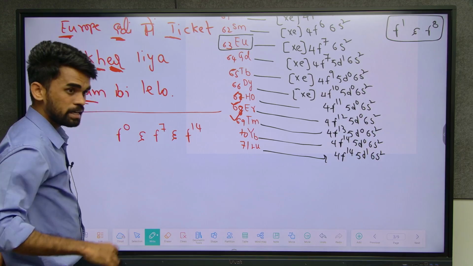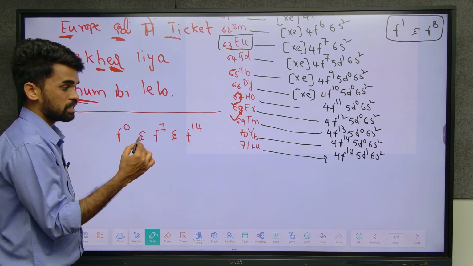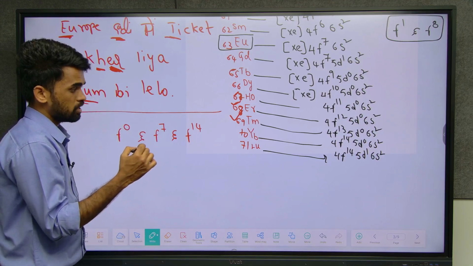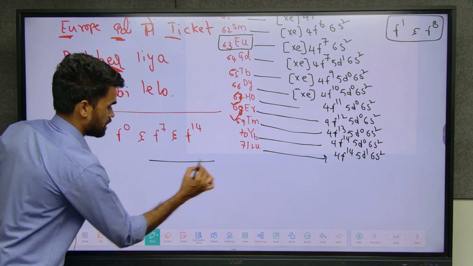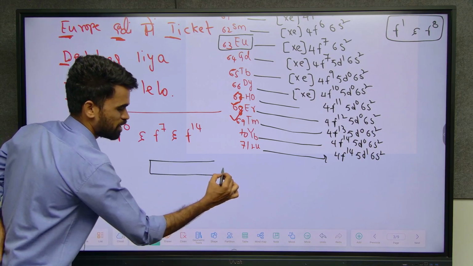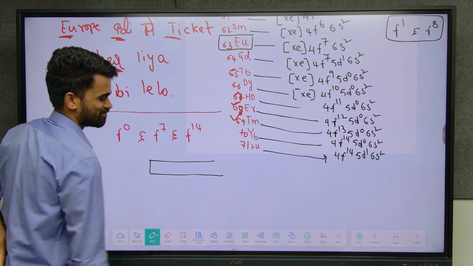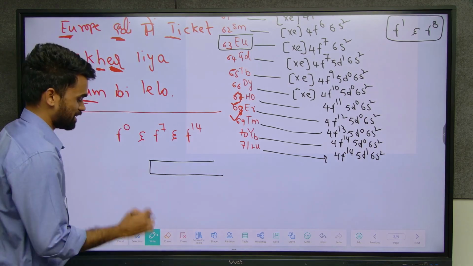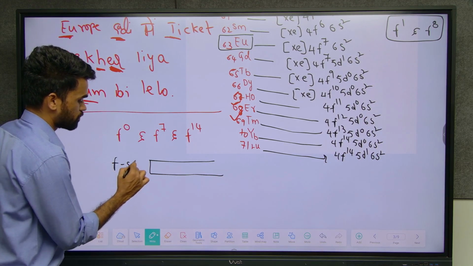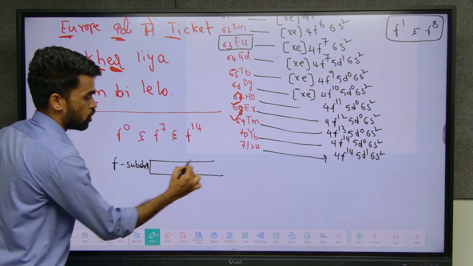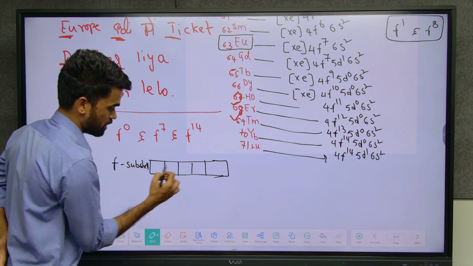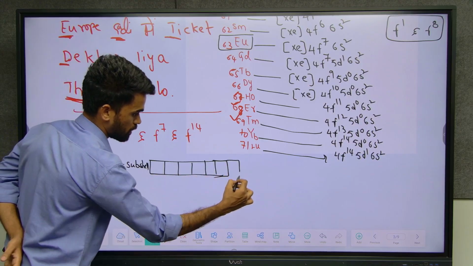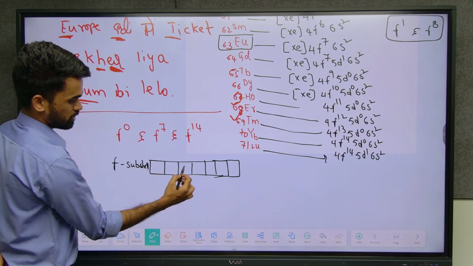How many orbitals are there in the subshell? Sorry, F subshell. So in the F subshell, how many orbitals are there? So like this we are saying 7: 1, 2, 3, 4, 5, 6, 7.